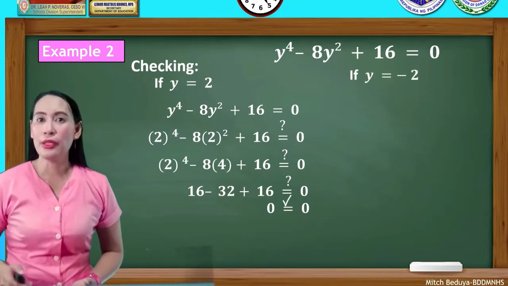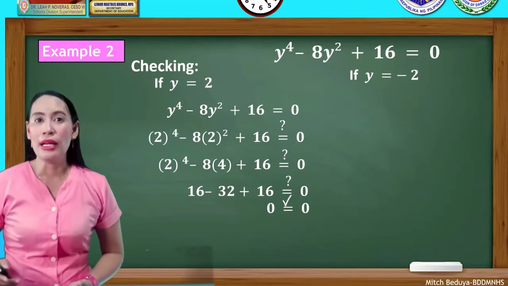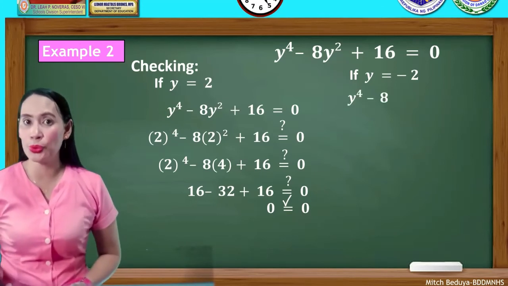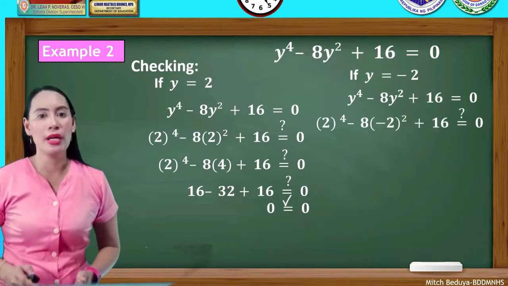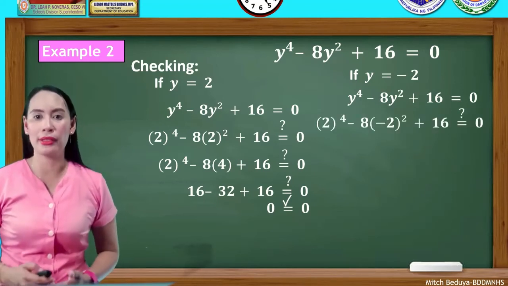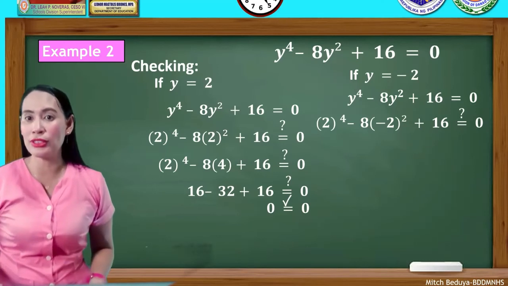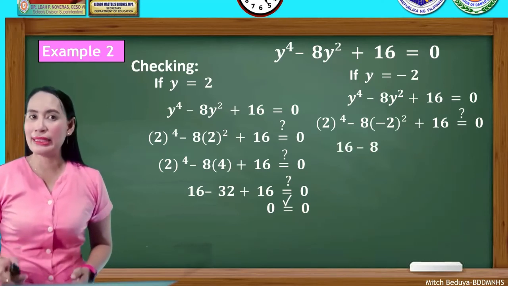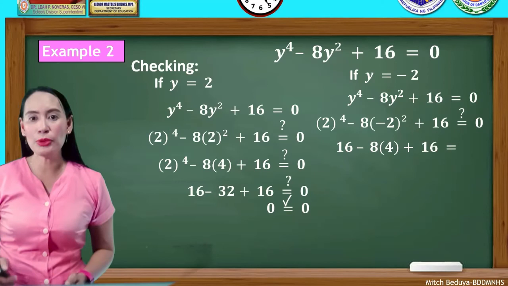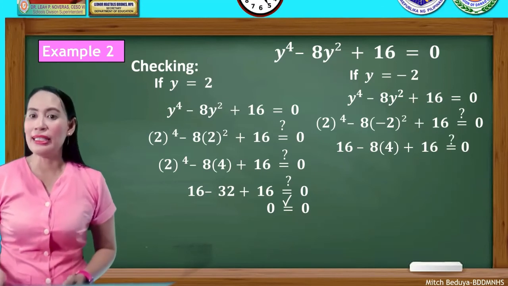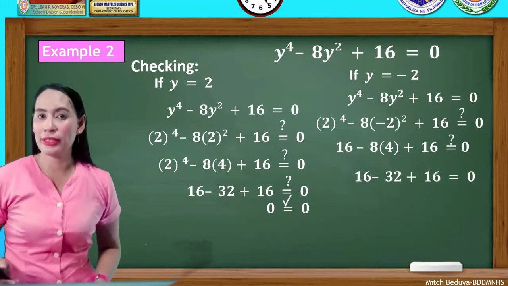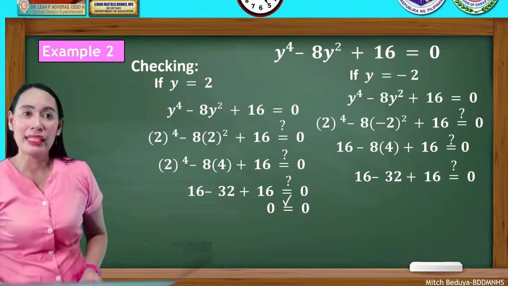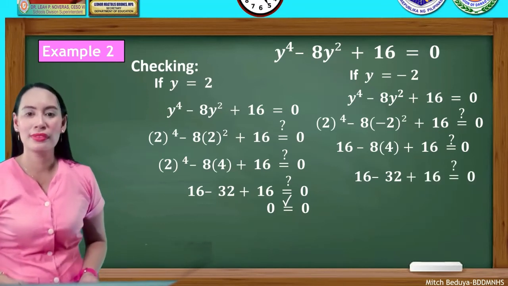Next, if y is negative 2, let's substitute negative 2 for y. The equation negative 2 to the 4th minus 8 times negative 2 squared plus 16, is it equal to 0? 16 minus 8 times 4 plus 16, is it equal to 0? 16 minus 32 plus 16, is it equal to 0?